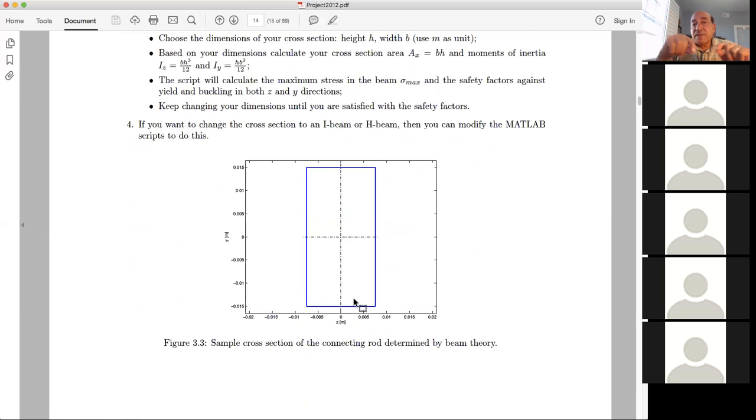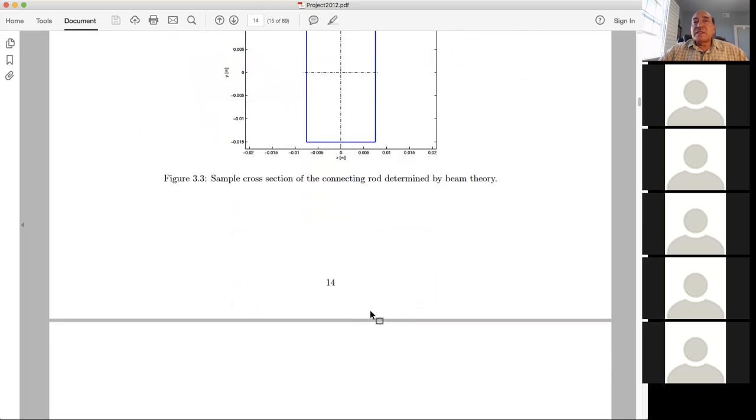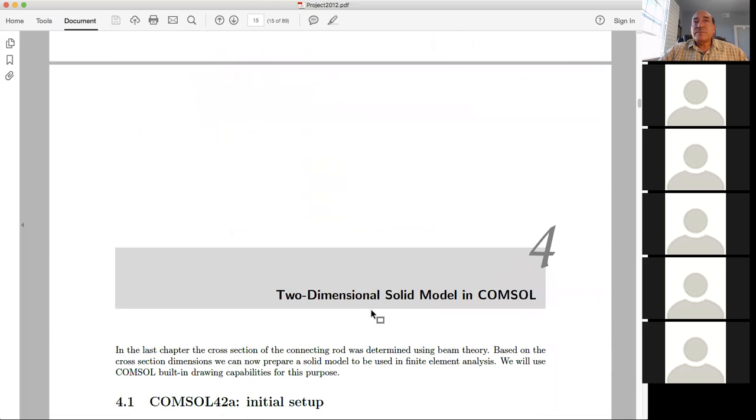The I-beam will be less weight to give you the same kinds of stress levels as allowable by the code, because you have the information on the material and the yield strength, and you can determine the size at this point.